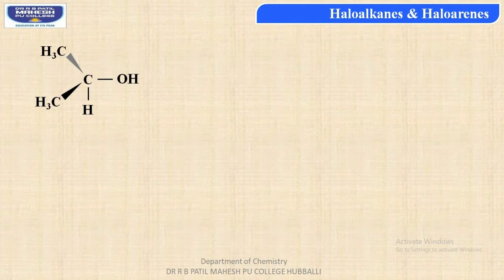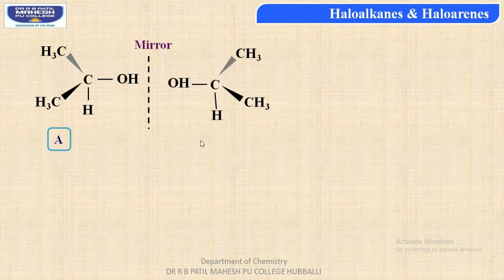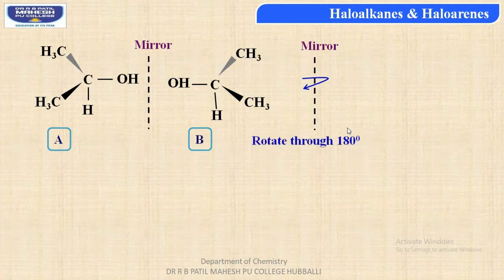Next, students, the molecule which has been given is propan-2-ol. The mirror image of the molecule A is structure B. If we compare structure A and structure B of propan-2-ol, students, then structure A is not superimposable on its mirror image. Next, from structure B, we can obtain structure C by placing a mirror or by rotating structure B by 180 degrees.